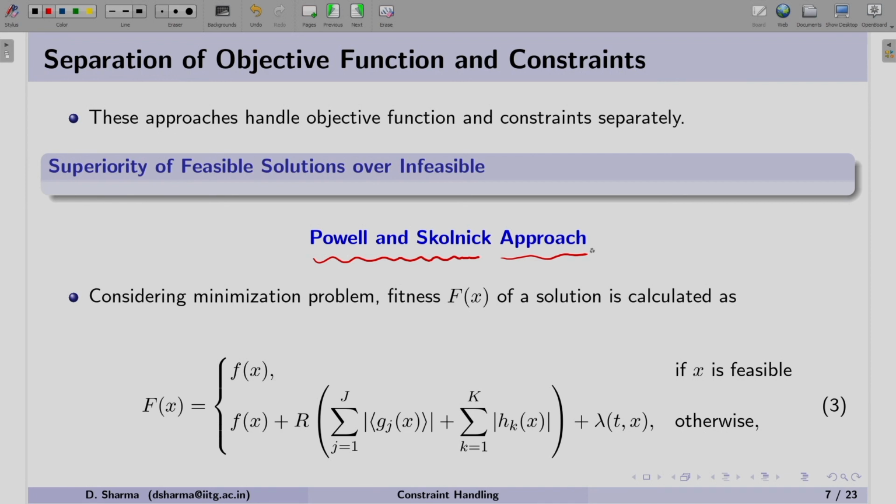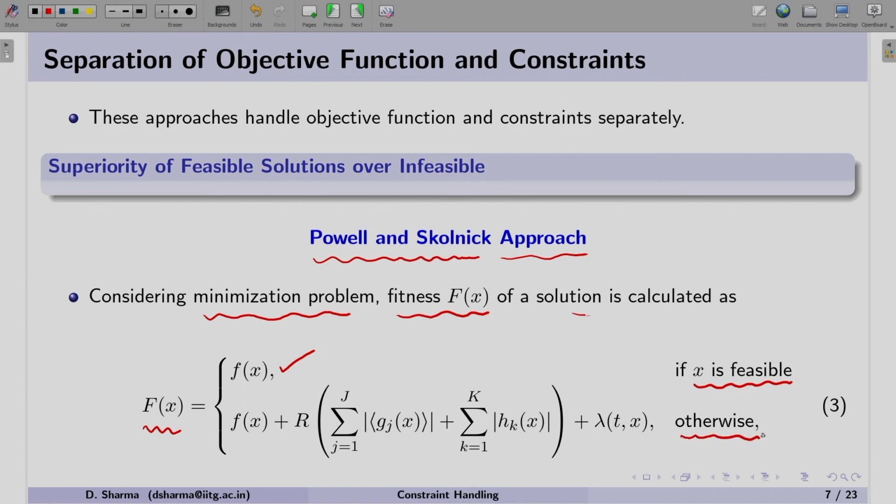In this case, let us assume we have a minimization problem. For a given problem, we can calculate the fitness of a solution as given in equation number 3. We can see that the fitness of a solution, which is capital F of x, equals the objective function when a solution is feasible. So, we are considering the fitness the same as the objective function when the solution is feasible.